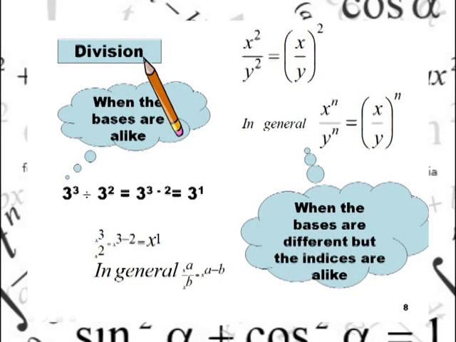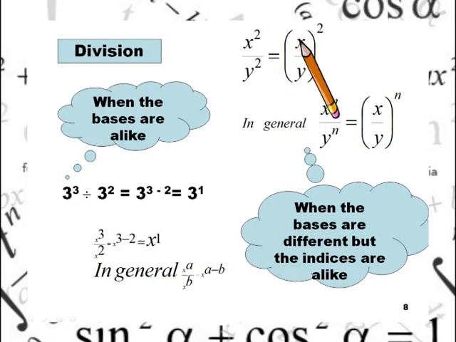Division. x squared divided by y squared is equal to x over y all squared. In general, x to the n divided by y to the n equals x over y raised to the n. When the bases are different but the indices are alike.